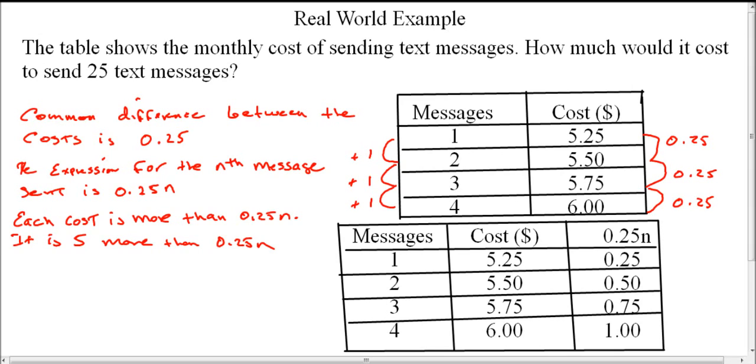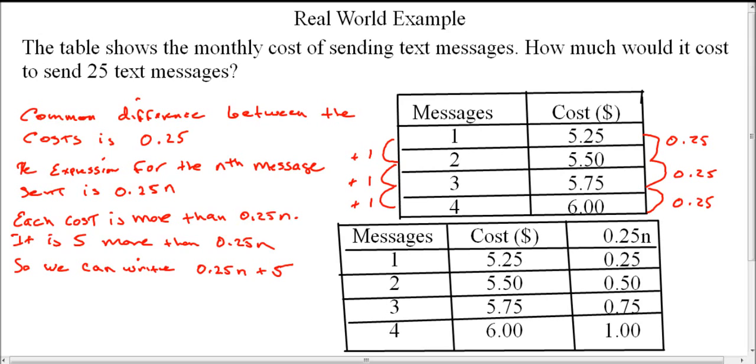So how can we write an expression for that? Well, if it's more, that means add. So we can write 5 plus 0.25n, or let's scratch that: 5 more than 0.25n, so we can write 0.25n plus 5. That's what we can write.